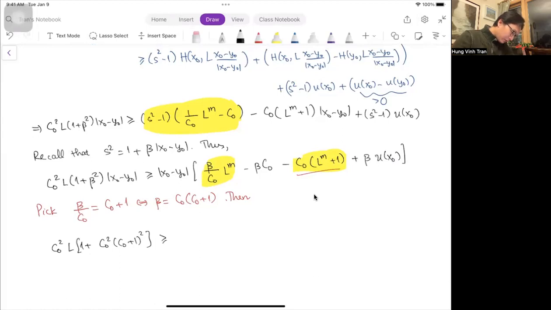It's greater than or equal to L to the m minus c naught square c naught plus 1 minus c naught plus 1, just constants, plus beta times u of x naught.